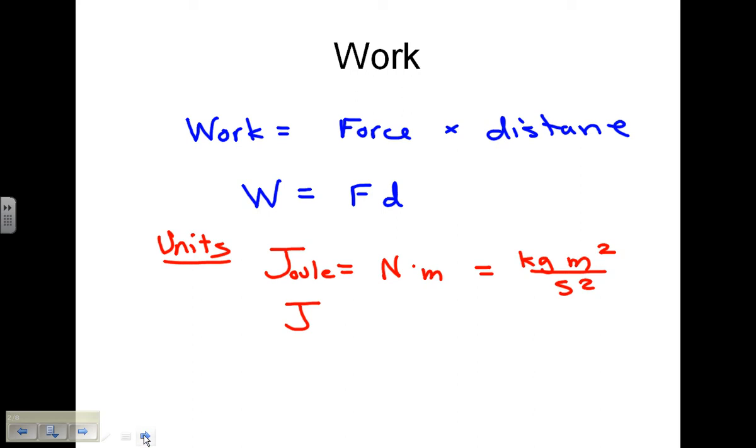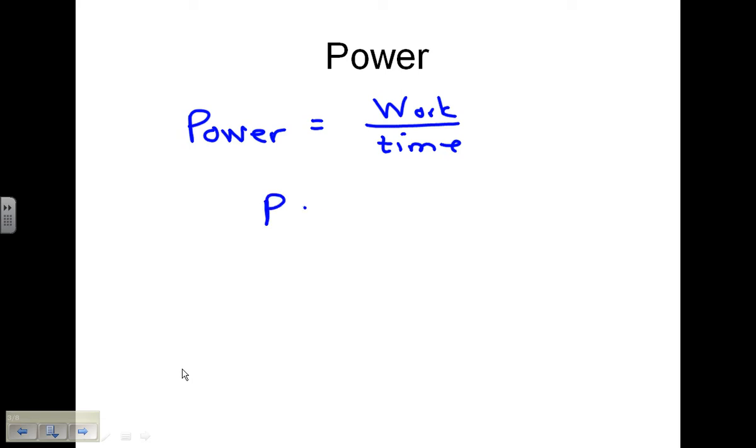Now, a new term for you is power. And power in physics is the rate at which you do work. So power is work over time. Power is a capital P, work is a capital W, and time is a lowercase t.